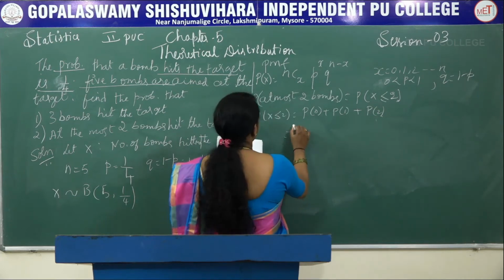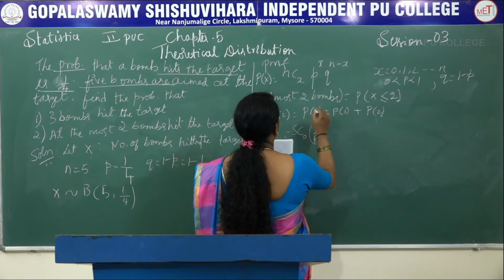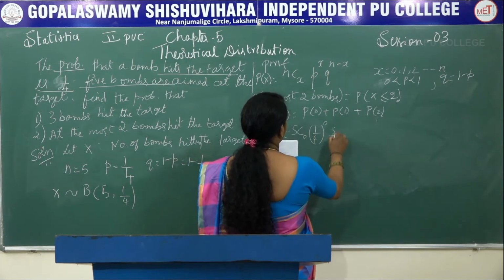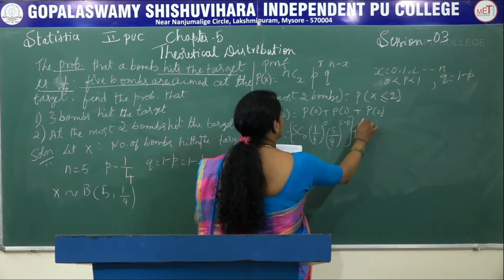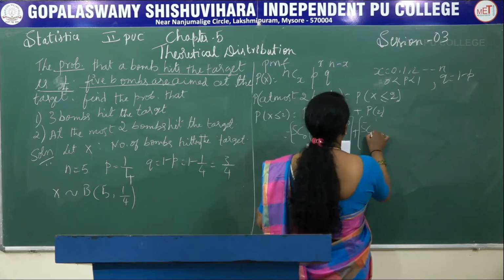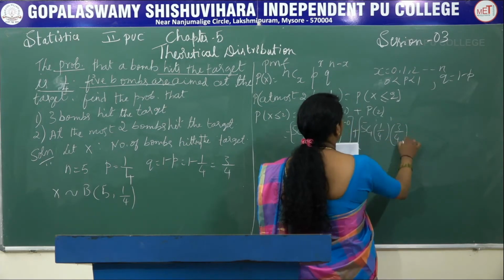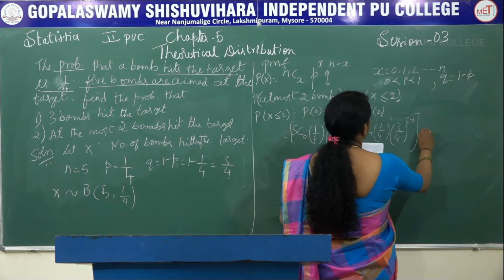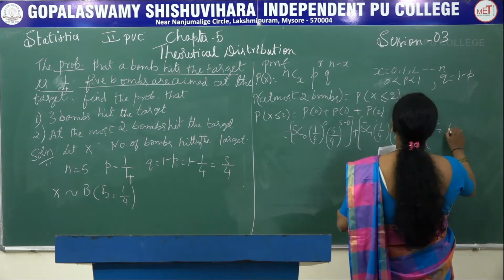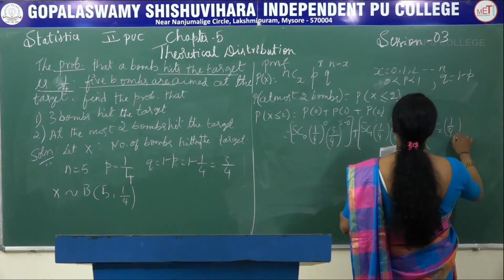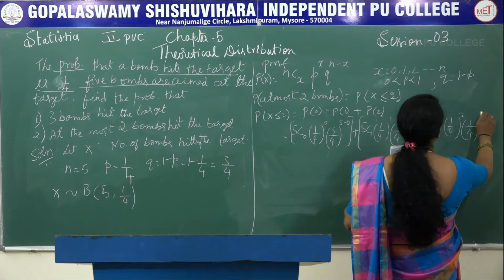This is 5C0, 1 by 4 to the power 0, 3 by 4 to the power 5 minus 0, plus 5C1, 1 by 4 to the power 1, 3 by 4 to the power 5 minus 1, plus 5C2, 1 by 4 to the power 2, 3 by 4 to the power 5 minus 2.